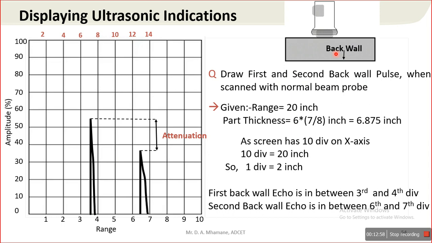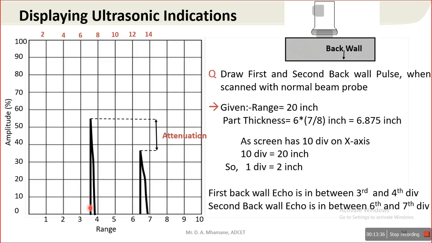So when that extreme entity appears on the screen with the help of this echo, the inspector needs to concentrate in between the initial pulse and back wall, because whatever discontinuity is present inside these two surfaces of the component appears in between the initial pulse and back wall. So back wall is a very important term and very important factor in this representation.